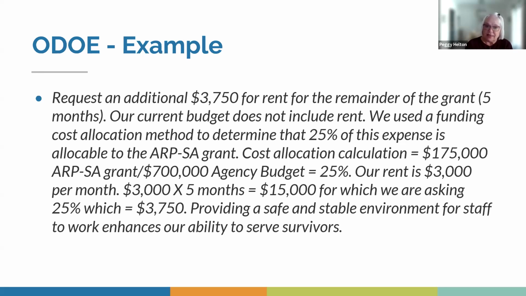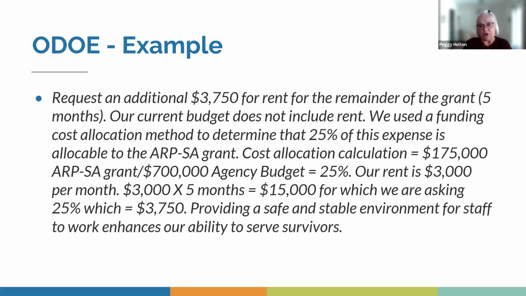And so you used a cost allocation method. We used the same one in this example: your ARP-SA budget is $175,000, your agency budget is $700,000, so your ARP-SA grant is 25% of your total agency budget.